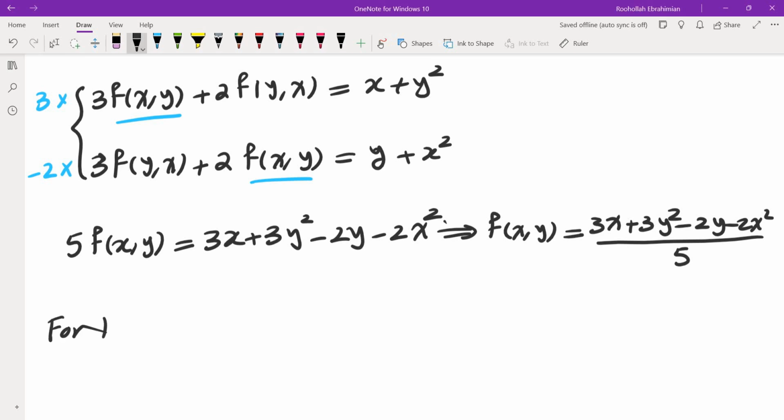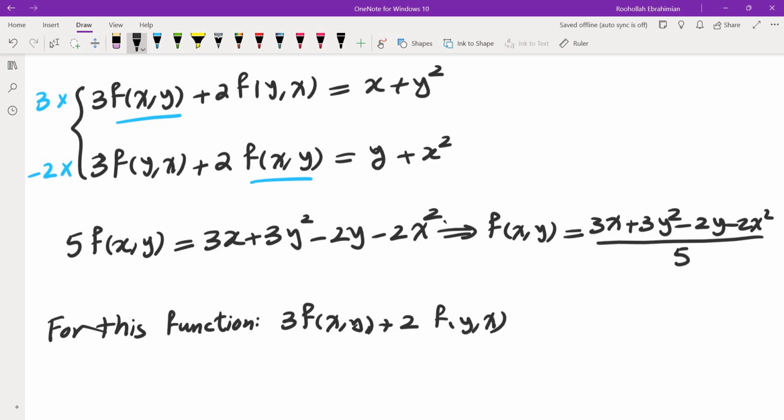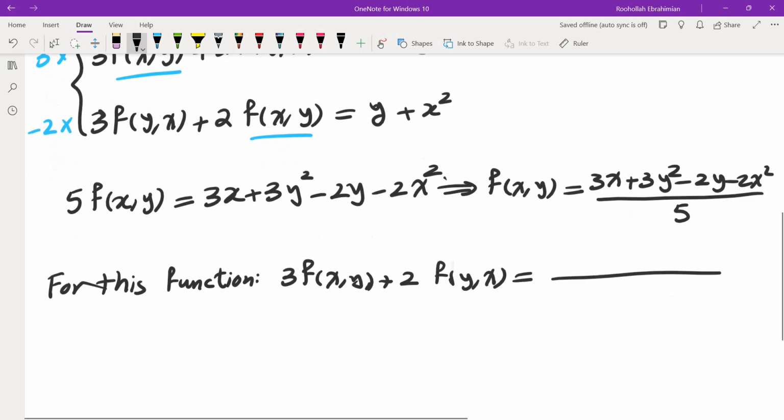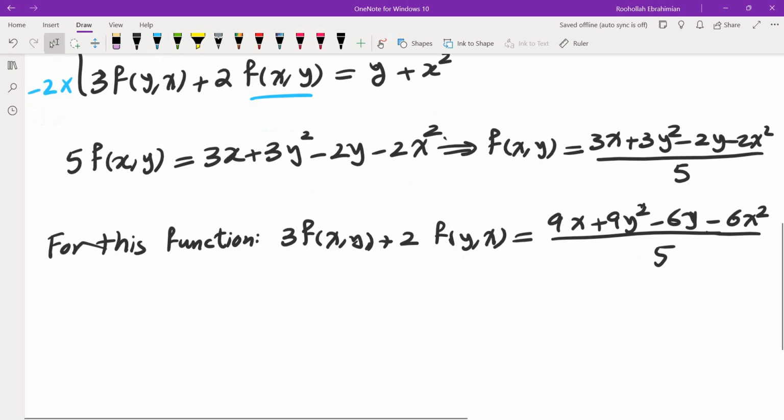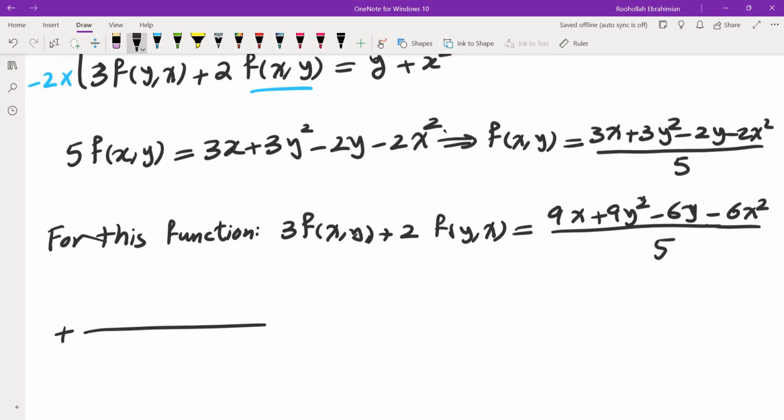For this function, if you evaluate 3f of x, y plus 2f of y comma x, we get 3 times this, which is 9x plus 9y squared minus 6y minus 6x squared over 5, plus twice that, but I'll have to swap the x and y.